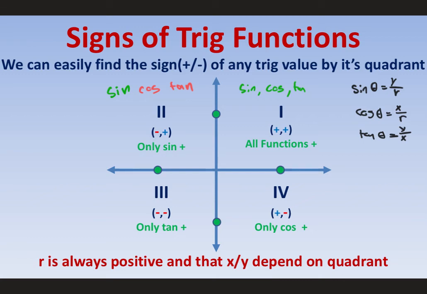In quadrant 3, now sine and cosine are negative, but tangent is positive because it's a double negative in that case. And then in quadrant 4, we now have sine being negative, cosine is positive, but tangent is negative again.